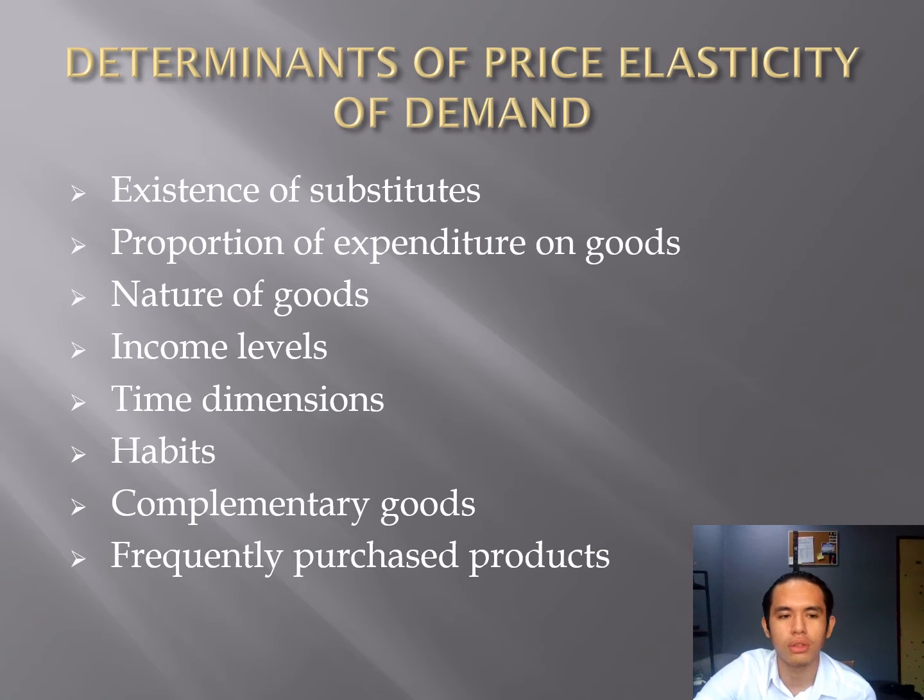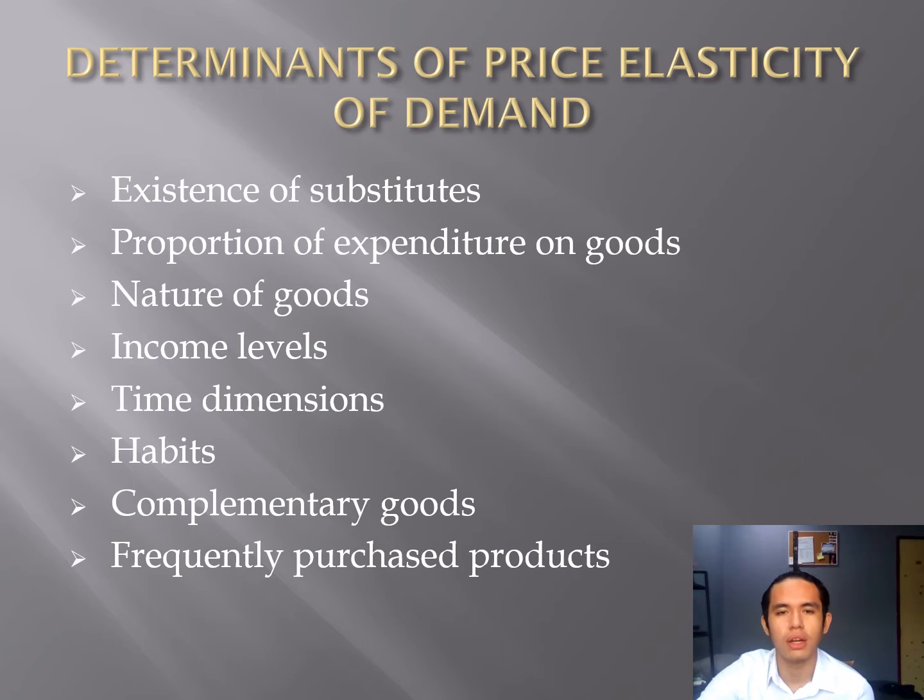Next, nature of goods. The demand for necessity goods is inelastic compared to the demand for less important goods. Then income levels. People in the higher income group will tend to have inelastic demand because they become less sensitive towards price change. And then time dimensions. The longer the period for price change, the more elastic the demand will be.